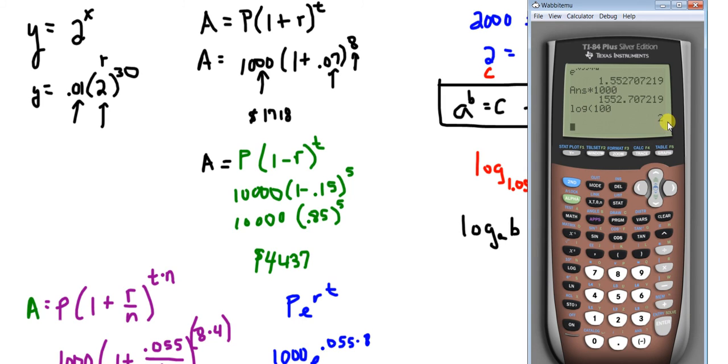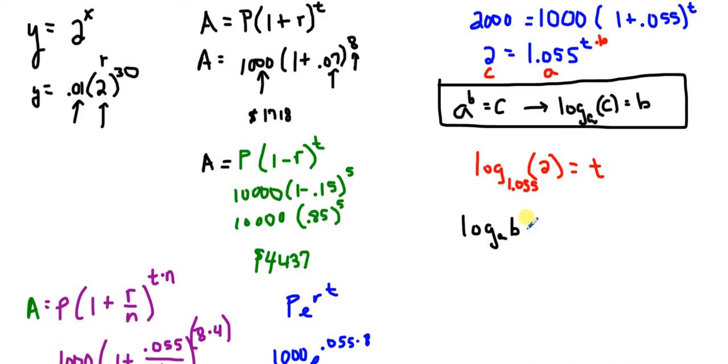So 10 to the second power equals 100. So log base a of b, if it's not in base 10, is the same thing as log of b over log of a. And actually, of any base. I can use natural log, I can use log base 3, but there's no log base 3 on the calculator either.